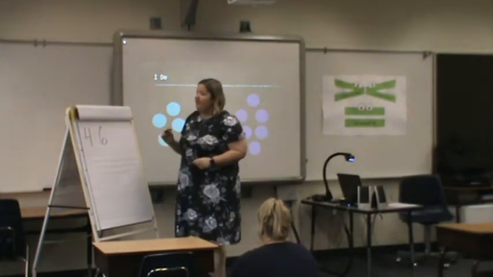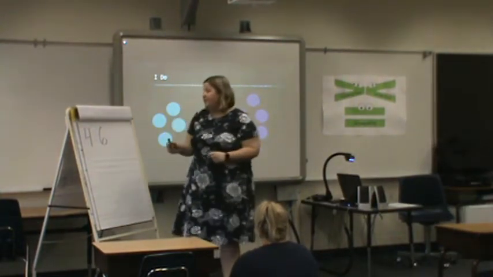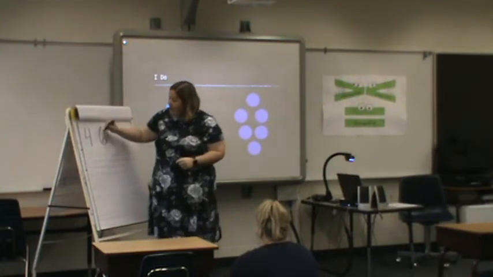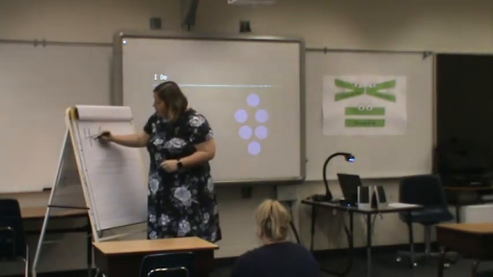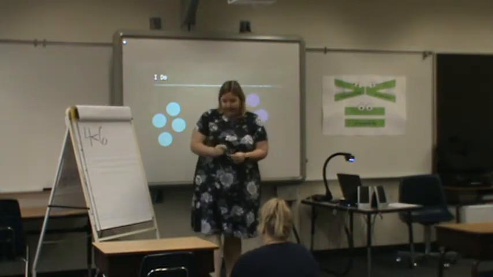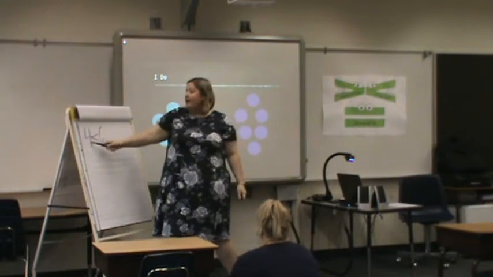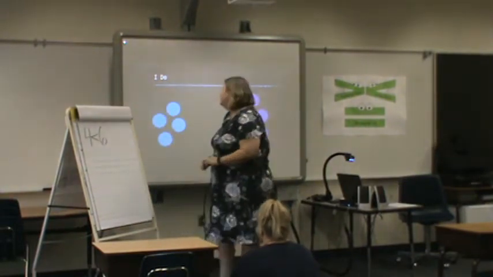This tells me, if I remember, I can look back on my chart, and it tells me the alligator eats the bigger number. So I need to draw the alligator eating the bigger number. So this tells me that 4 is less than 6.